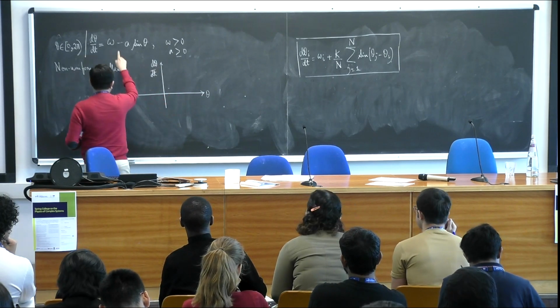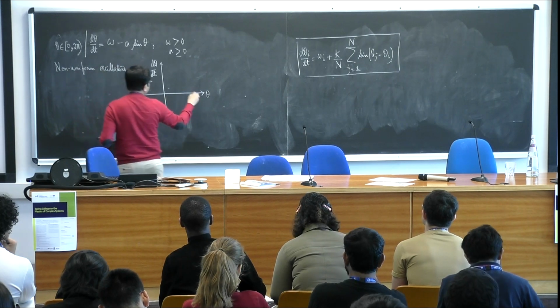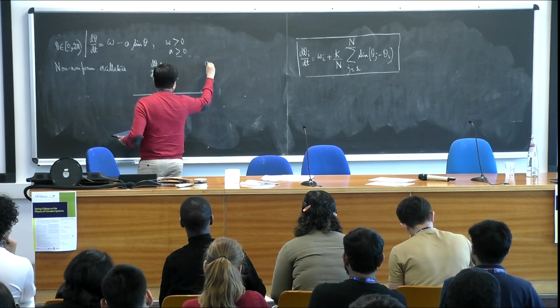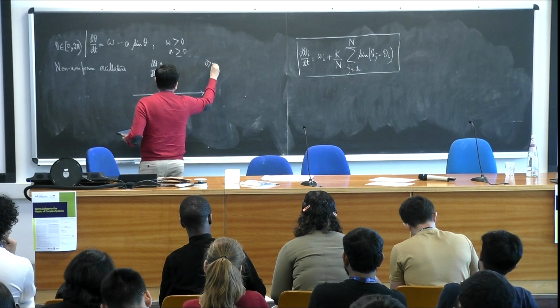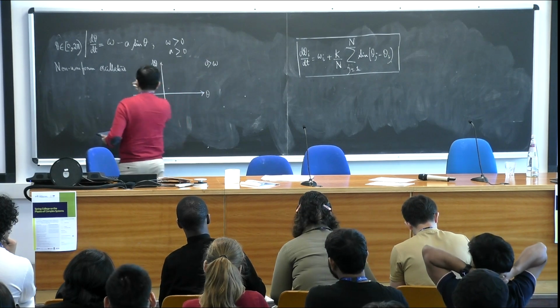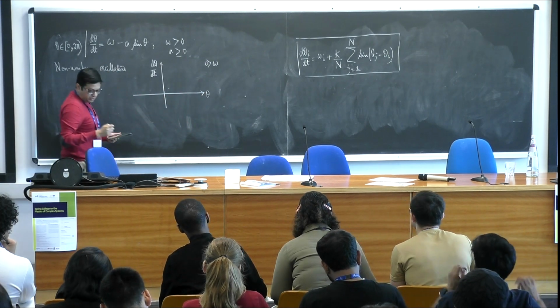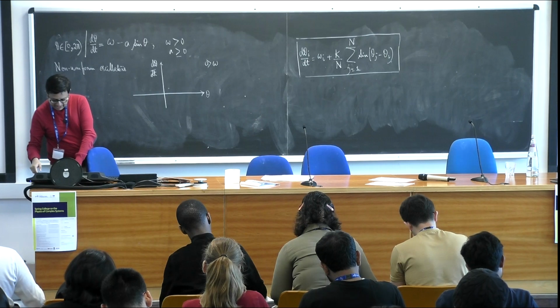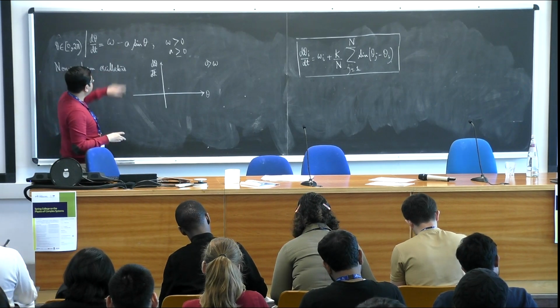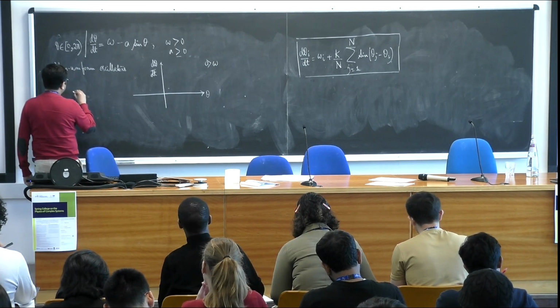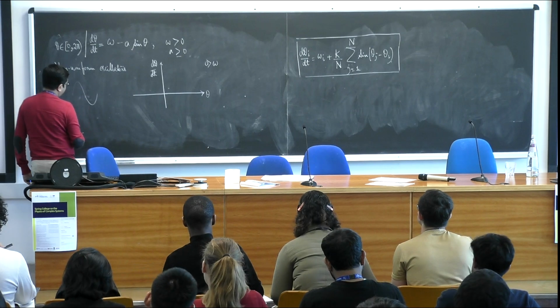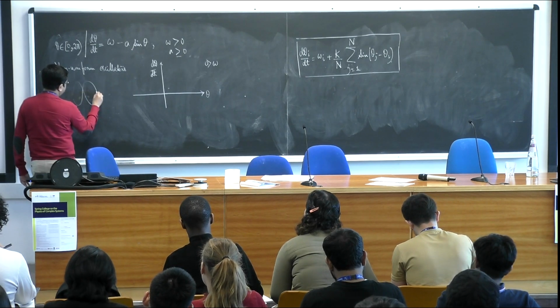I want to plot this function as a function of theta. Let's consider the case A greater than omega. What is this function going to be like? Minus A sine theta, we know how A sine theta looks, it looks like this. So minus A sine theta will be like this.